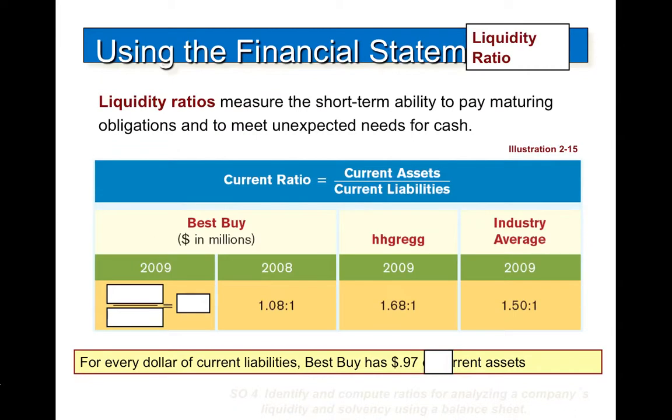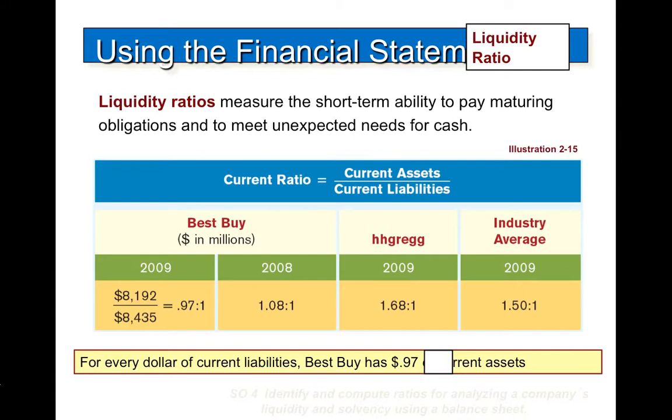Liquidity ratios measure the short-term ability of the company to pay its maturing obligations and to meet unexpected needs for cash. One liquidity ratio is the current ratio, computed as current assets divided by current liabilities. For Best Buy, current assets were 8,192 and current liabilities were 8,435, so their current ratio is 0.97 to 1.